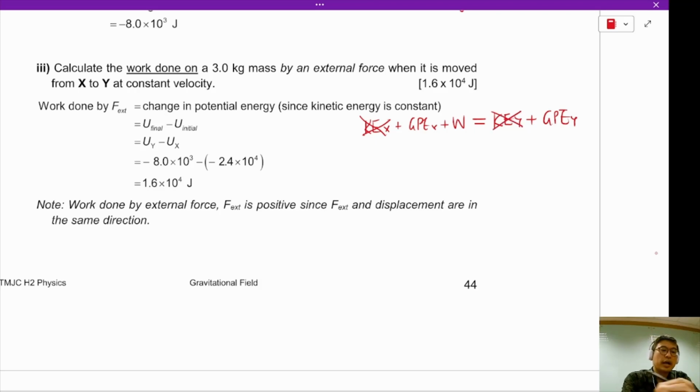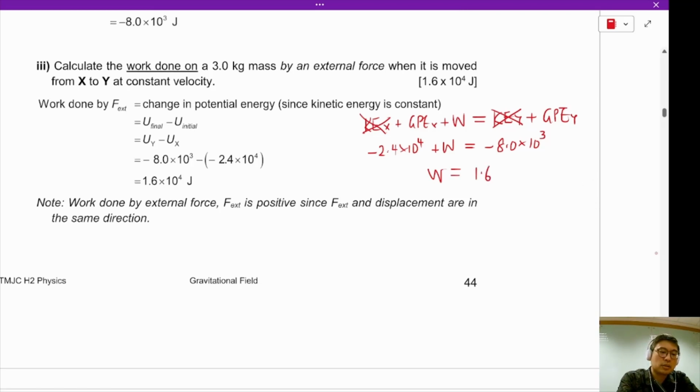The GPE at x is negative 2.4 times 10 to the power of 4, and the work done is W. The GPE at y is negative 8 times 10 to the power of 3. So then the work done will be, you just add the two numbers together, so 1.6 times 10 to the power of 4 joules.